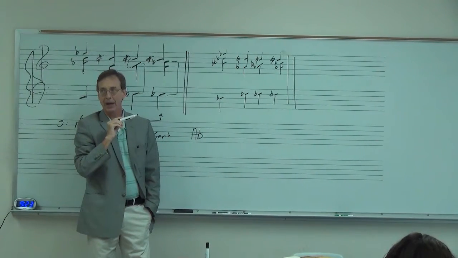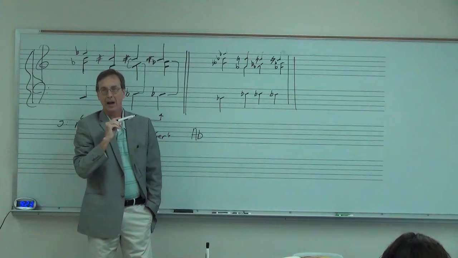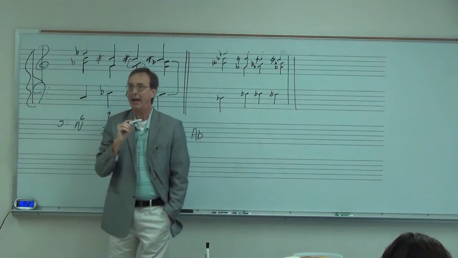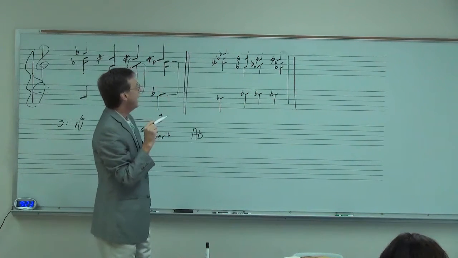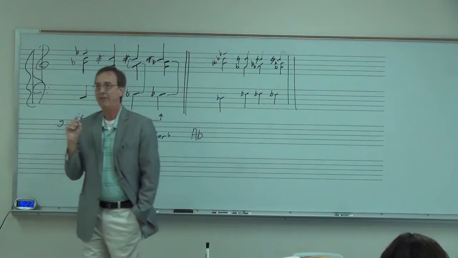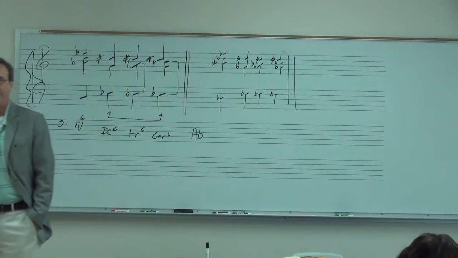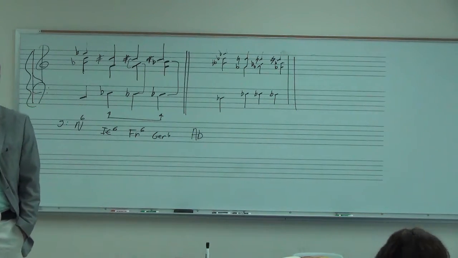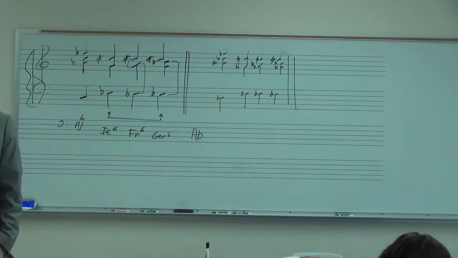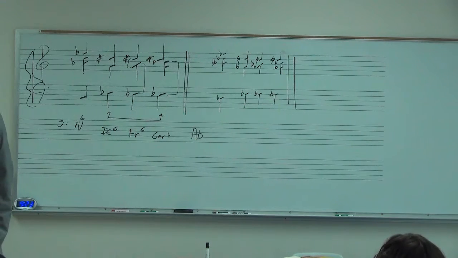Okay? Everybody got that? Whole step above A flat is B flat. And then form a triad with F flat, A flat, C flat. Yep. Got that? So that was easy, right?